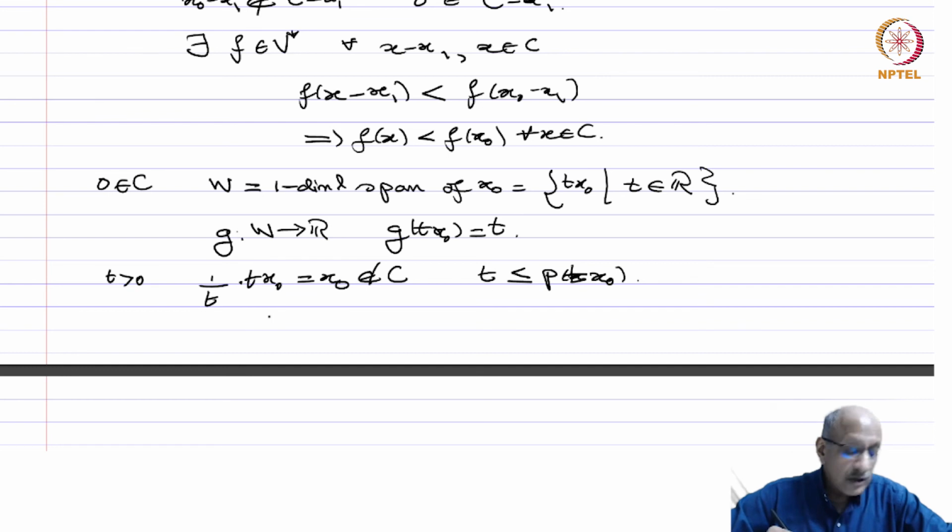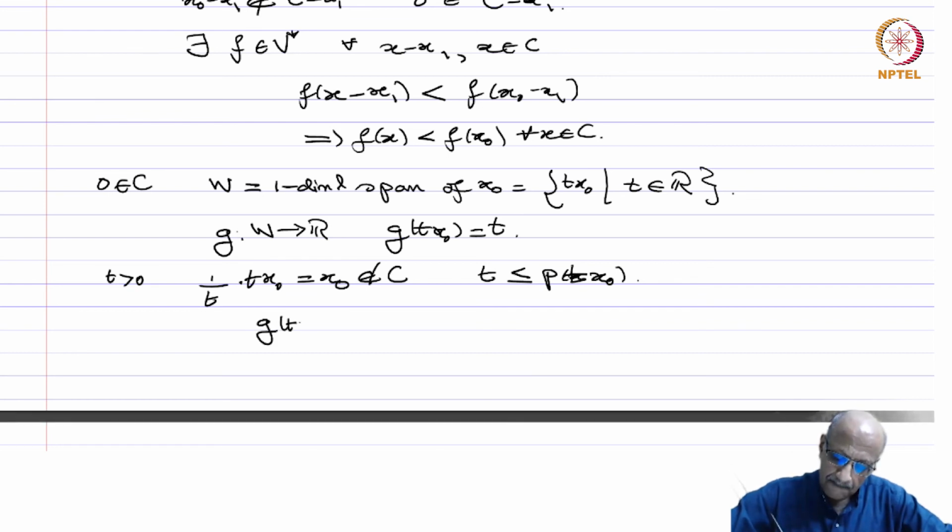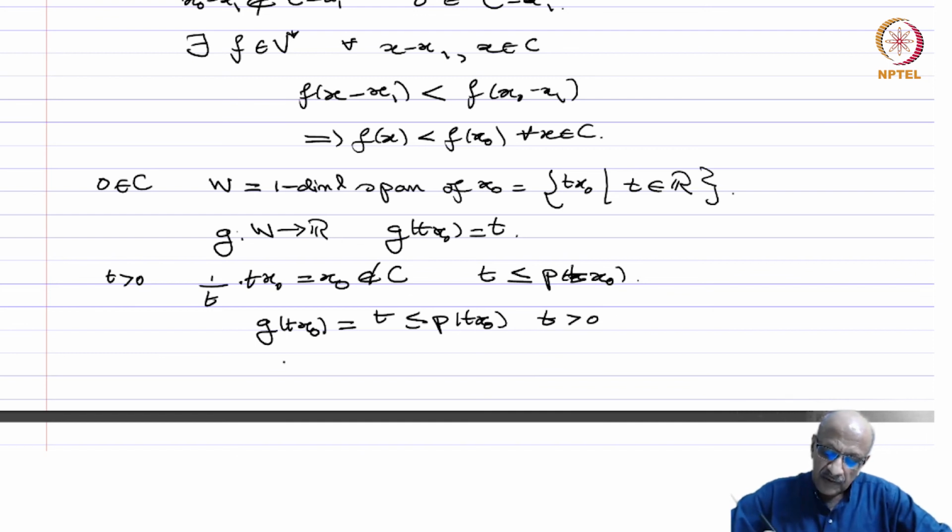Therefore, g of t x naught is equal to t, which is less than or equal to p of t x naught if t is positive. This is trivially true if t is negative, because p is always non-negative, so this inequality will always hold. So this is true in fact for all t.